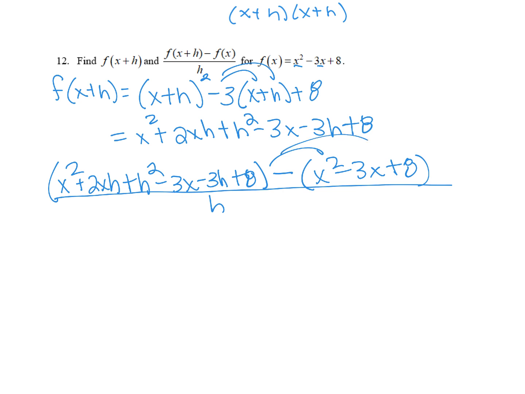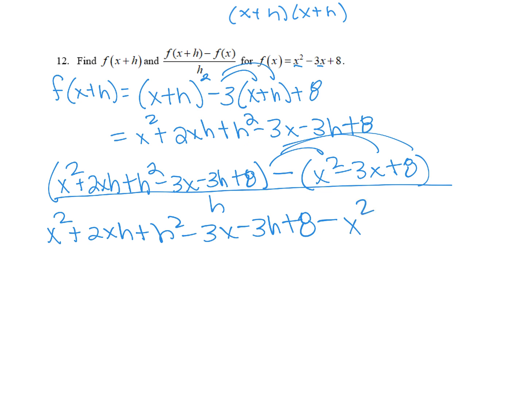So I'm going to distribute this negative. So lots of writing here. x squared plus 2xh plus h squared minus 3x minus 3h plus 8 minus x squared plus 3x minus 8, all over h. And then look at what you get there.